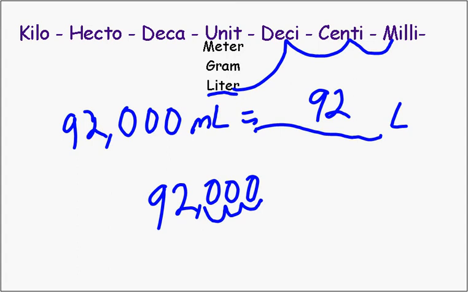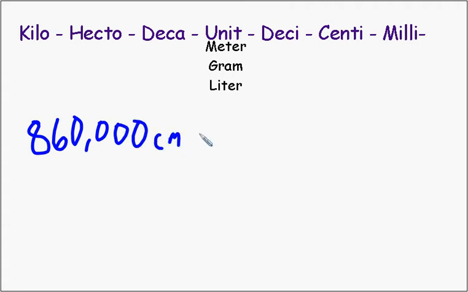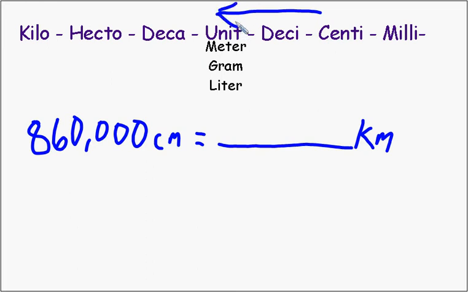Let's do another. Let's do a big jump here. Let's go centimeters. Let's say I have 860,000 centimeters, and I want to convert that to blank kilometers. So which way am I moving on my line here? I'm moving to the left. So if I move to the left, I'm moving the decimal to the left.